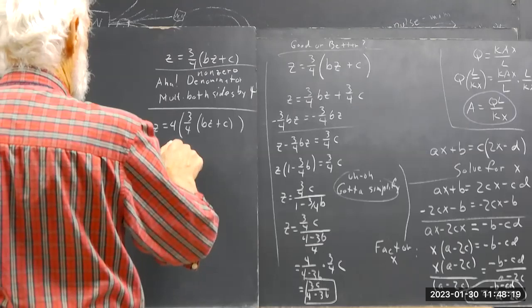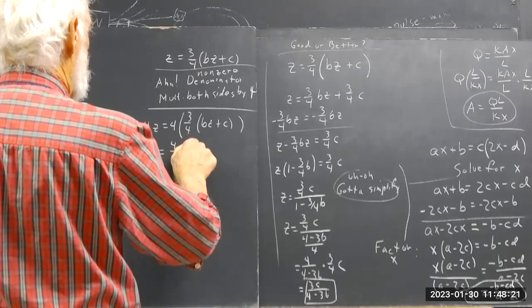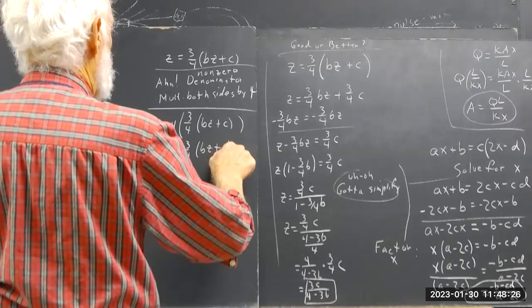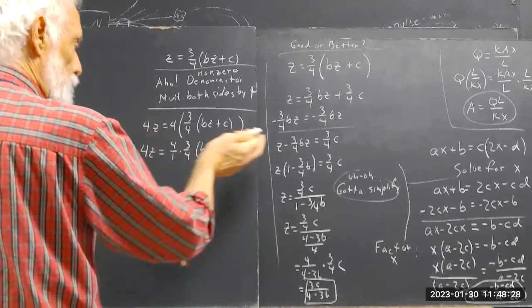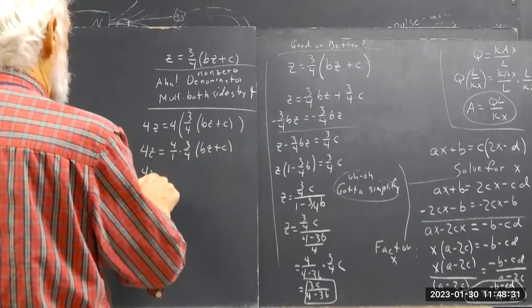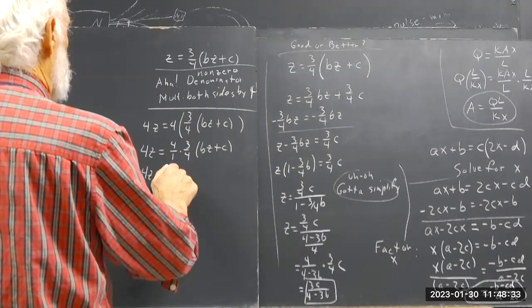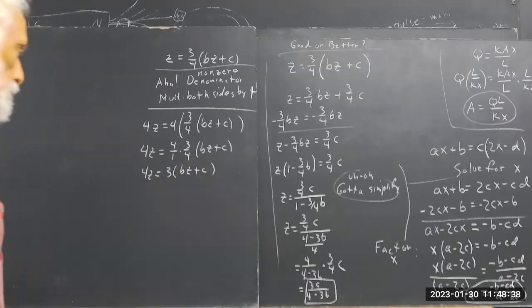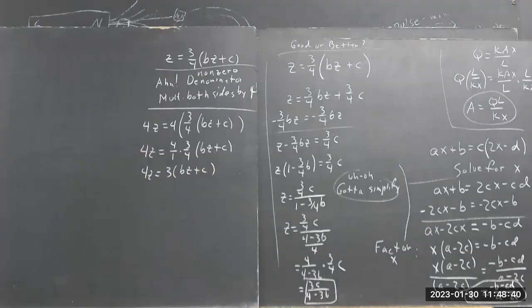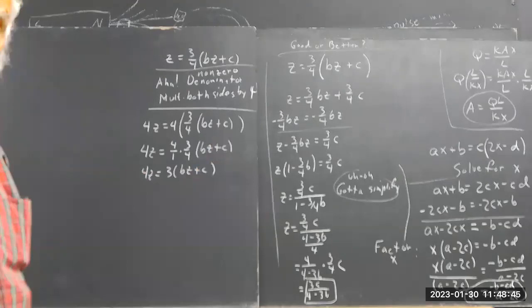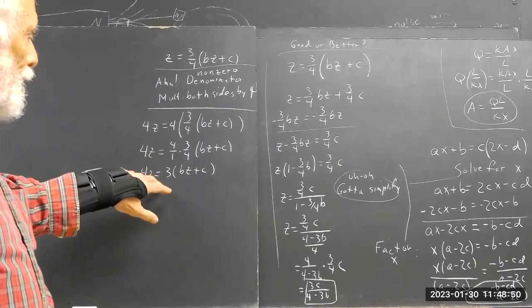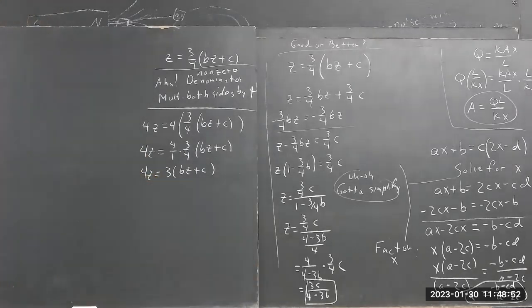So 4z is 3 times (bz plus c). And the rest is no different than what we've done in previous examples. So go ahead and finish it, and see how this makes the solution a lot simpler.